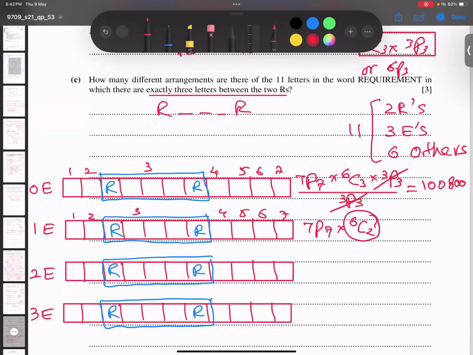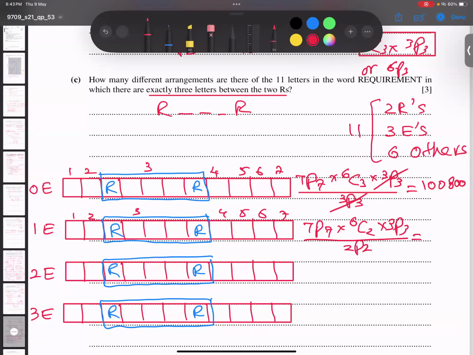So these 2 members and 1 E become 3 members, and these 3 members I arrange inside 3P3, 1 E and 2 others. And this idea is clear, and divided by, you will be surprised to know, 2P2. Now why does this 2P2 come? Because out of 3 E's, 1 E is involved inside, 2 E's are left, they can be here, here, here, or here. So that is why I am dividing by 2P2 for those E's which are outside.